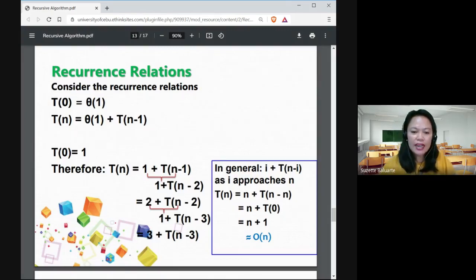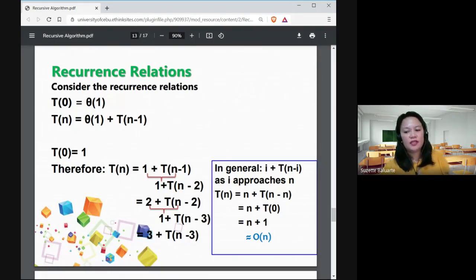Okay? And then you will say n plus t of n minus n is 0, so which is n plus 1. Okay, the t of 0 there is 1. Or approximately, the value which is the most significant there is the n. So that's why you will say big O of n.